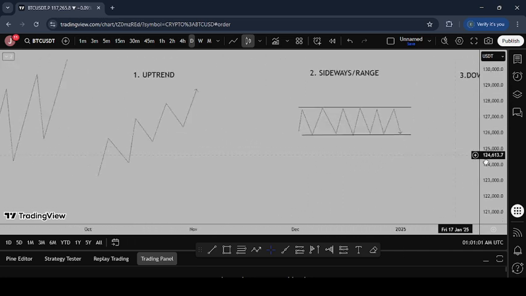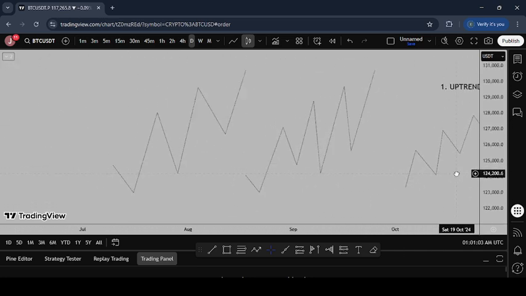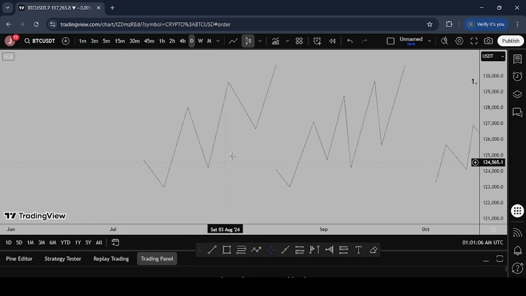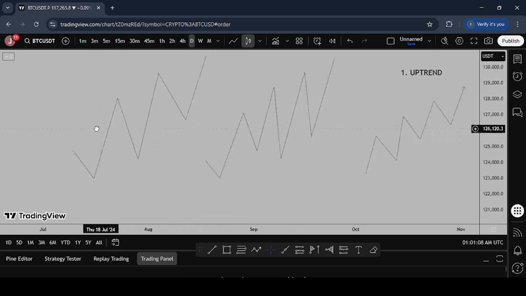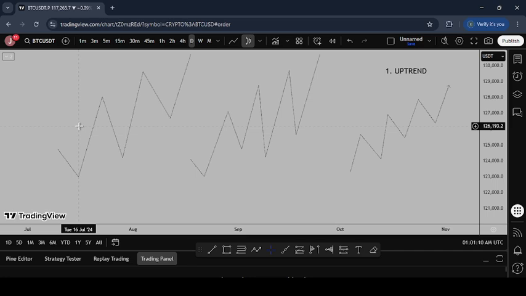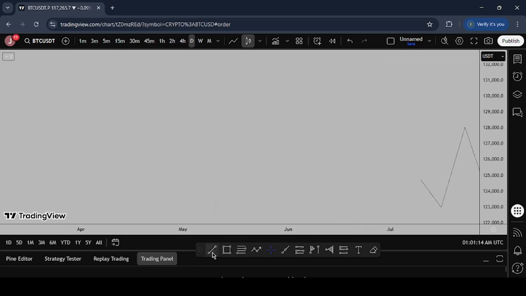But the question is, how do we catch this move in the market? There are several things you should look out for. For example, in an uptrend, the market moves from this swing high to this swing low, then makes another swing high.